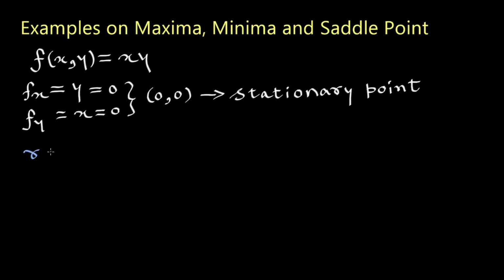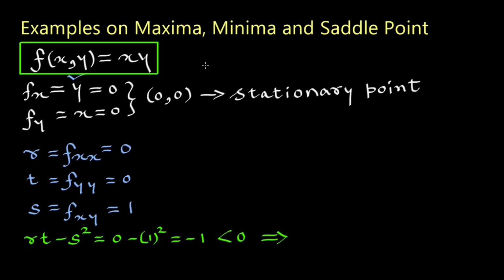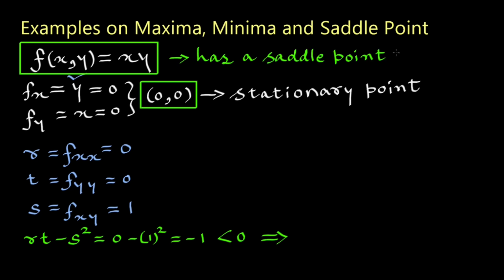Next r is f_xx, 0, then t is f_yy, 0, and s is f_xy, which from here will be 1. Obviously rt minus s squared will be 0 minus 1 squared, minus 1, negative, which implies the given function xy has a saddle point at the origin and hence has neither maxima nor minima.